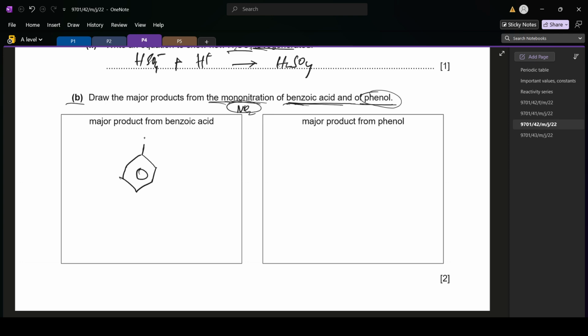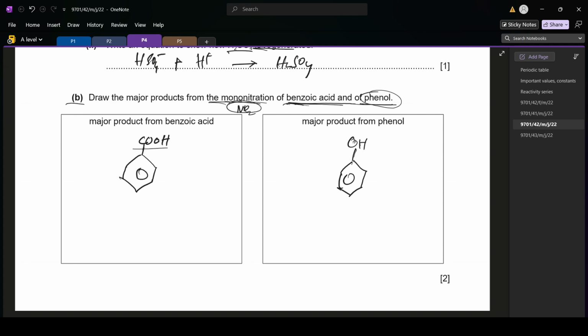So this is benzoic acid, COOH, and this is phenol. Now you have to see whether phenol is a 2,4 director or a 3 director, and whether benzoic acid is a 2,4 director or a 3 director. In this syllabus you are required to remember which is which.